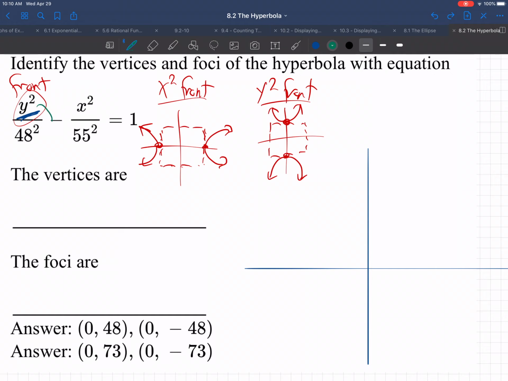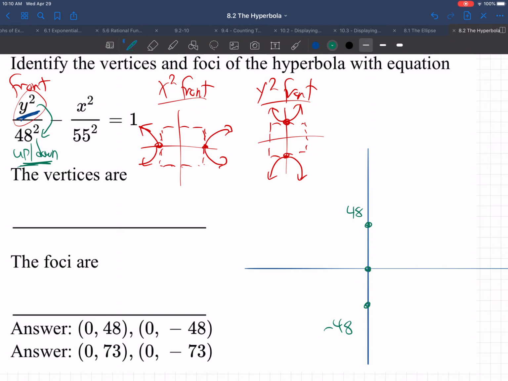Whatever's underneath y is up and down, isn't it? So don't worry about anything else. If it's under y, it's up and down. So don't worry about which one's in the front or the back for this. So up and down 48. So we go up 48 and down 48.